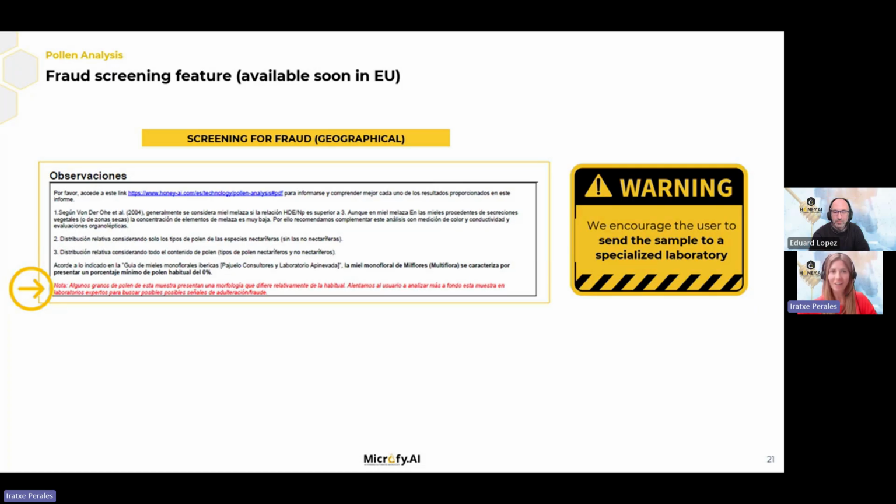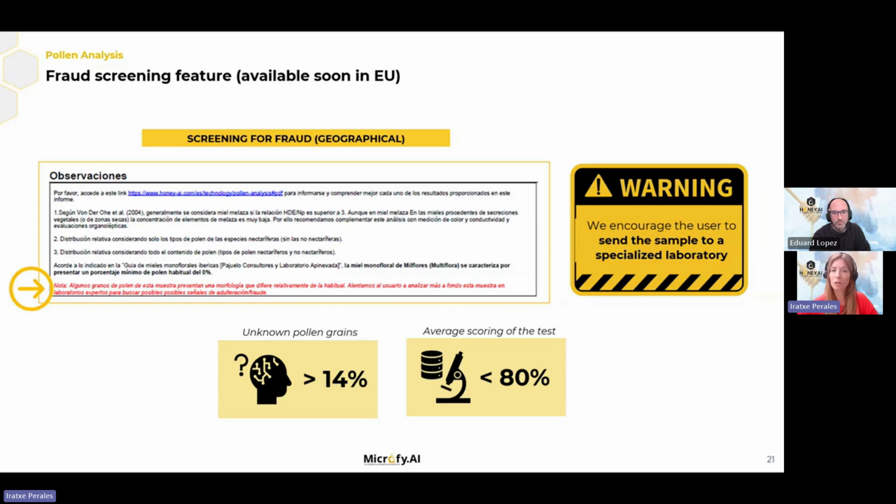We cannot do magic, but we have a fraud screening. In geographical terms, if you are going to analyze a sample that you know comes from Spain, or should come from Spain, and you use the model from the Iberian Peninsula, at the end of the analysis, if the AI thinks that this honey is suspicious because it has a high percentage of pollen that we cannot recognize, or the AI doesn't feel comfortable or secure about this type of species, then you will receive a message that tells you, please send this honey to the lab.